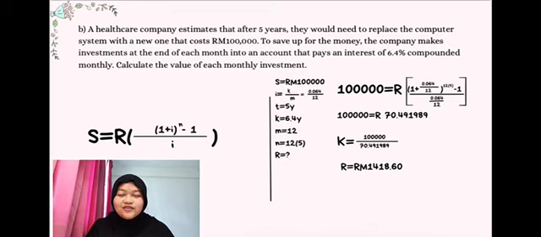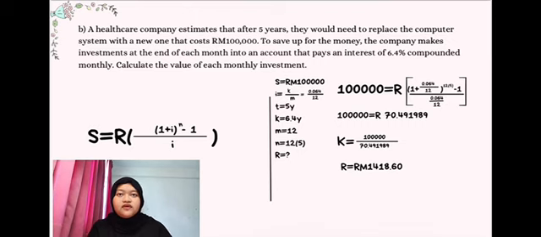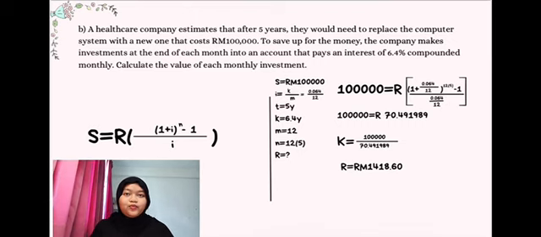S = R[(1 + i)^n - 1]/i. That is the formula for question B. The S value is 100,000 ringgit. The R value is what we should find in this question. The k value is 6.4, the t value is 5 years, the m value is 12.